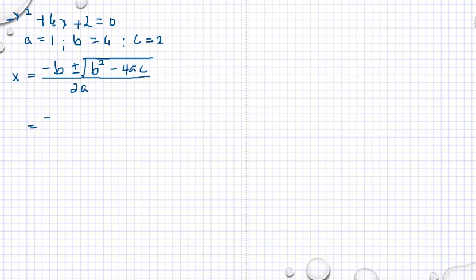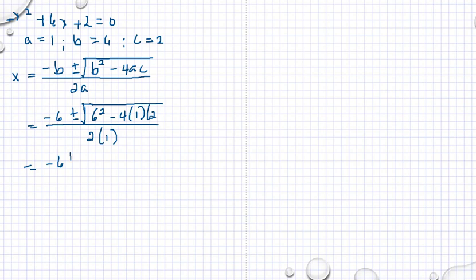We have negative 6 plus or minus the square root of 6 squared minus 4 times a is 1, c is 2, divided by 2 times 1. Then we have negative 6 plus or minus the square root of 36 minus 8, divided by 2.